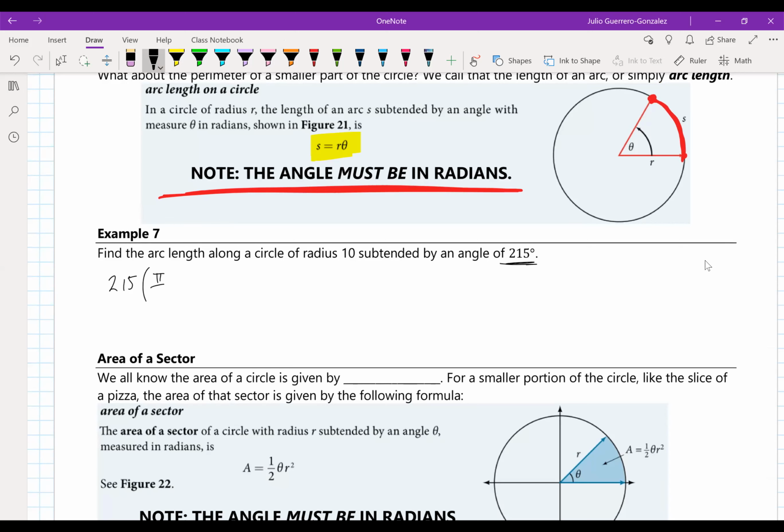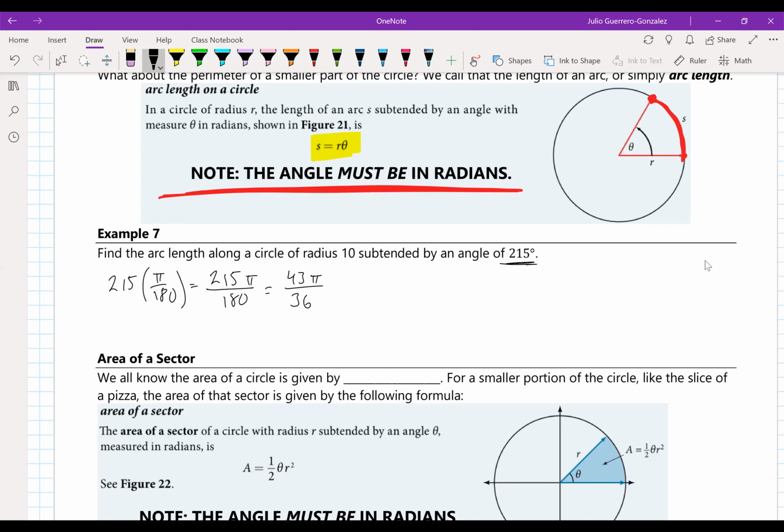That gives 43 pi over 36. That's as low as it'll reduce. 43 is prime, so you can't reduce it any farther.